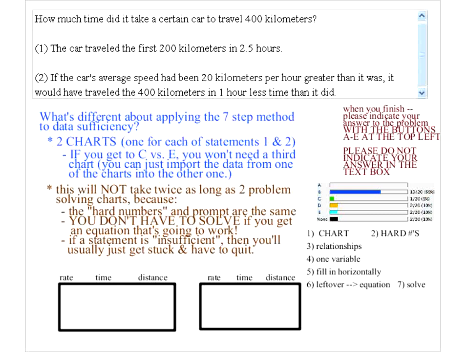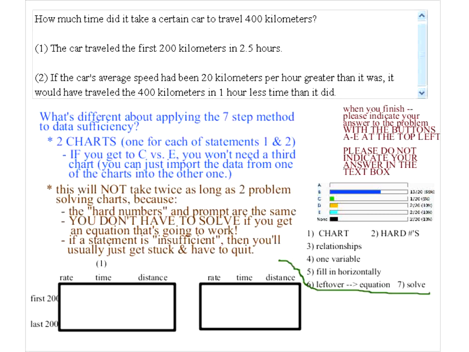This first 200 and last 200. For statement 1, you've got first 200 and last 200, but not for the second one, because the second one doesn't have any of that. So who knows how to label the second? Yeah, the second chart is actual versus hypothetical.